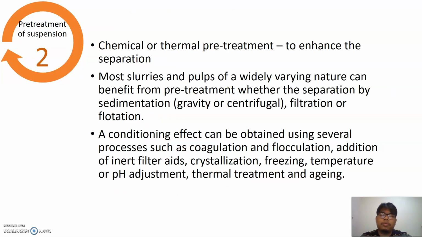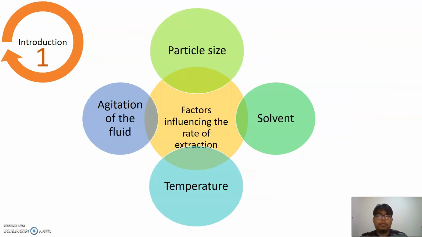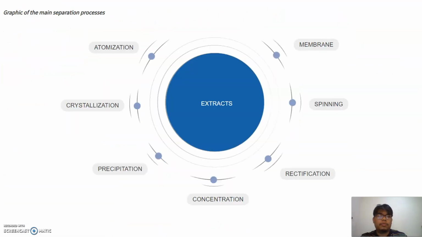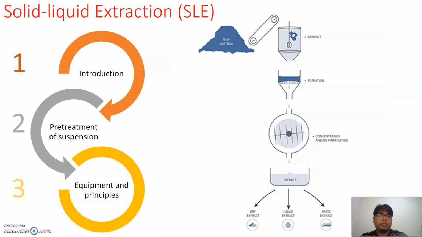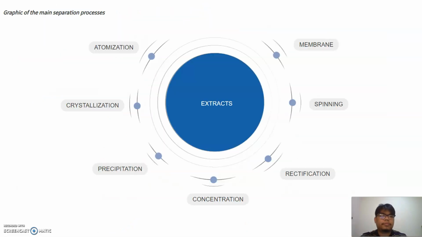Next we go to the pre-treatment of suspension. If we go back to this process, it is better if we have a pre-treatment of suspension first, in order for us to have a high recovery in the later stage.